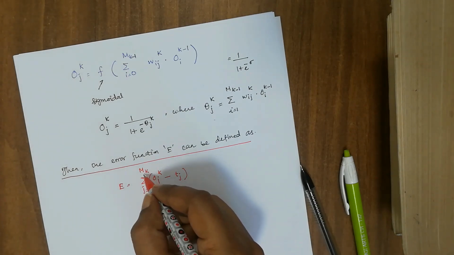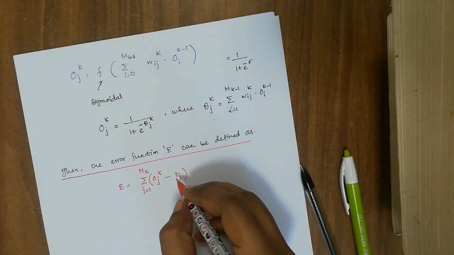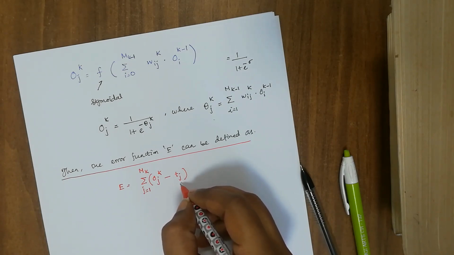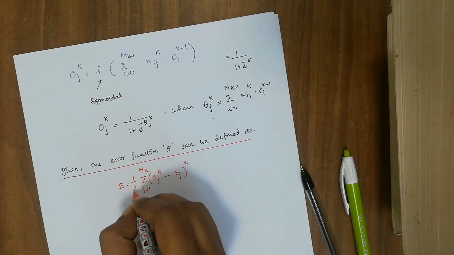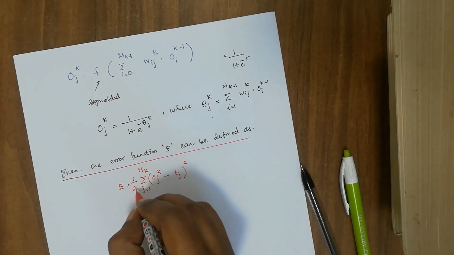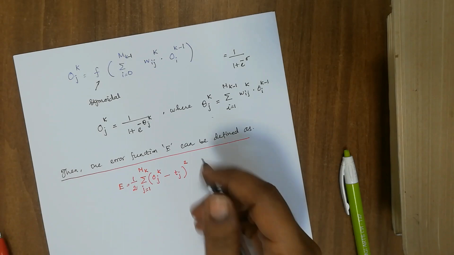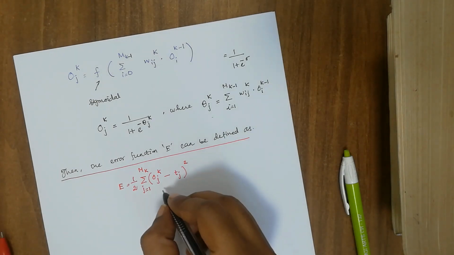Mk is nothing but the total number of neurons in the capital Kth layer, and tj is nothing but the target output, and then we take the summation, the sum of squared error, and take 1 by 2 for mathematical convenience. So what is this?